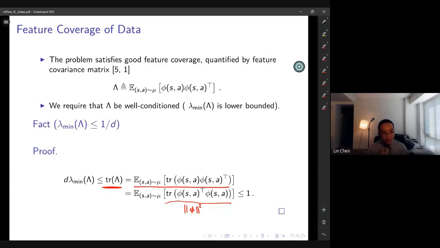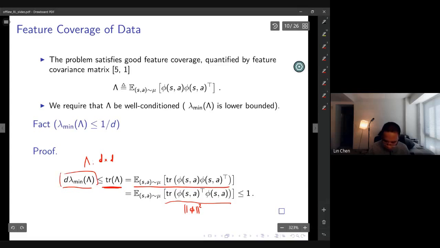On the other hand, the trace of lambda is lower bounded by d times the smallest eigenvalue of lambda, because lambda is a d by d matrix. So from these, we get that the smallest eigenvalue of the feature covariance matrix is upper bounded by 1 over d. So this is the best condition we can expect for the feature covariance matrix.